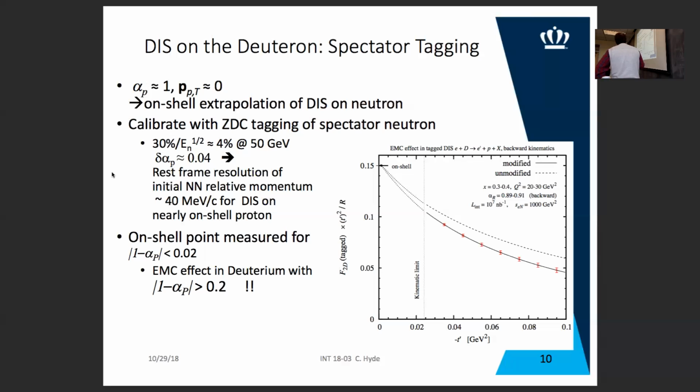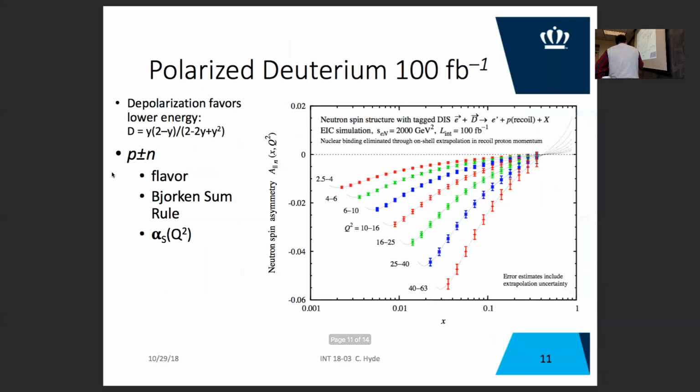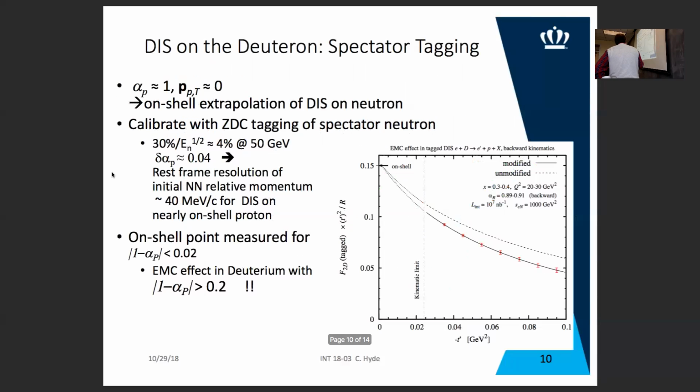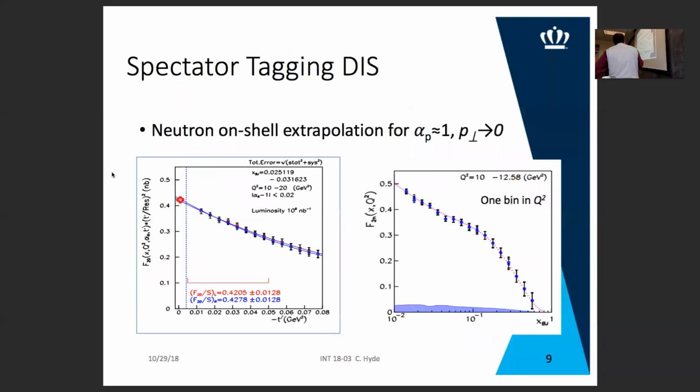One way that we can look at that is this middle point. The data here was measuring a spectator proton and then inferring the nearly on-shell active neutron.